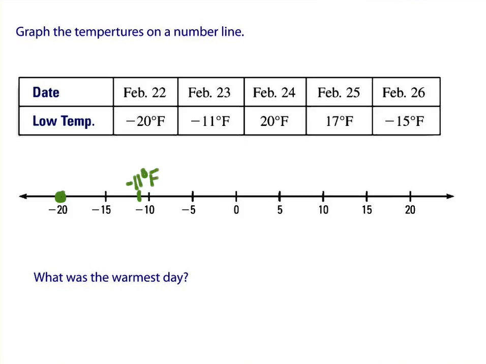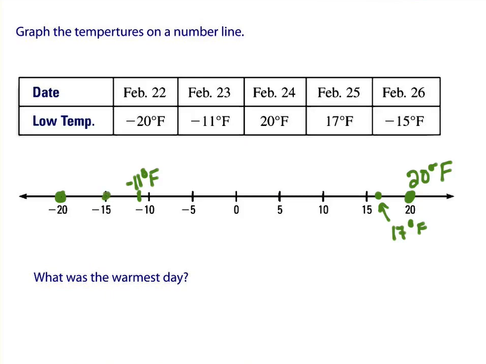The next one, up here on the number line, 20 degrees Fahrenheit. 17 would be next. You're right here. And finally, back down again, it's another cold day, negative 15.